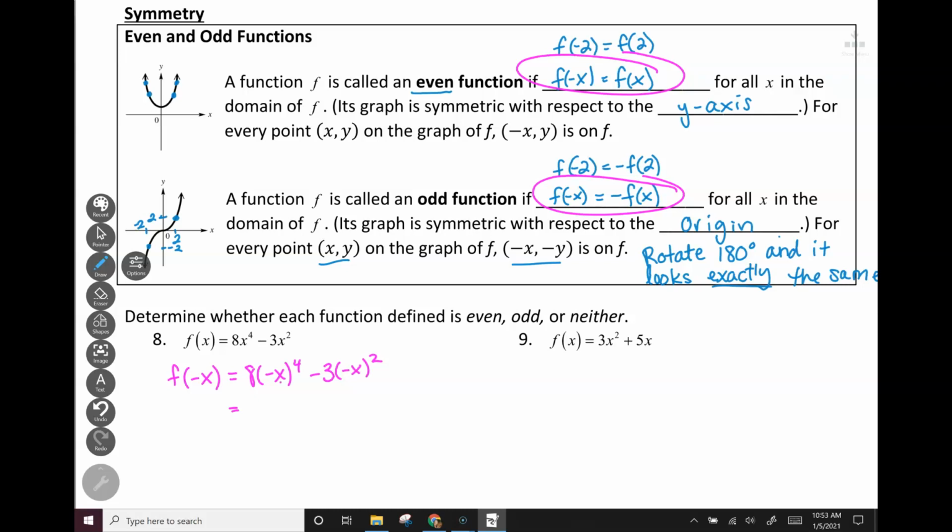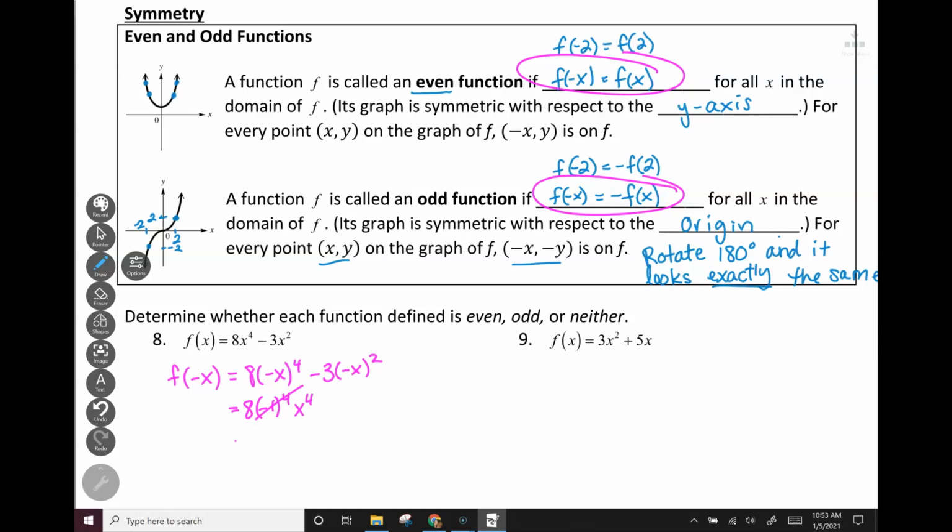So I know if I raise negative x to the power of 4, that negative is going to go away. You could think of it as negative 1 to the power of 4, x to the power of 4. Well, negative 1 times negative 1 is 1, times negative 1 is negative 1, times another negative 1 is positive 1. So this is just positive 1.